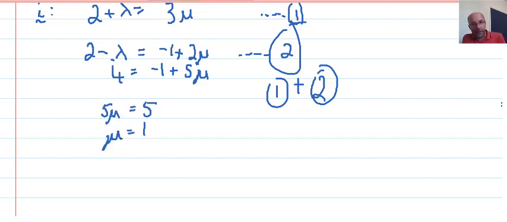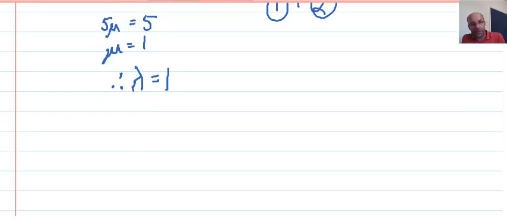From that we can easily see that mu equals 1, and by substitution into one of the original equations we can also ascertain that lambda equals 1. I'm not going to show that bit to save some time. So you've got a choice, or if you want to be really sure you could use both, but you sub those values in and you'll get the position vector.